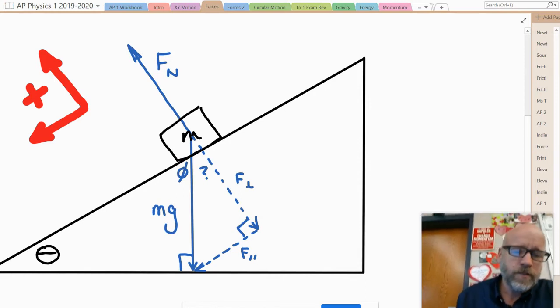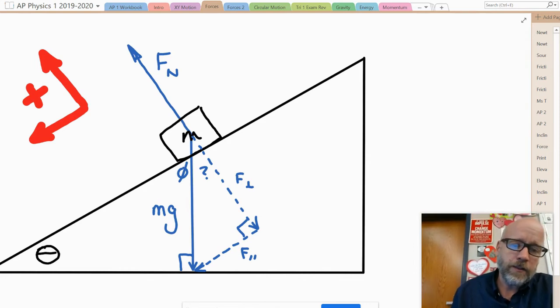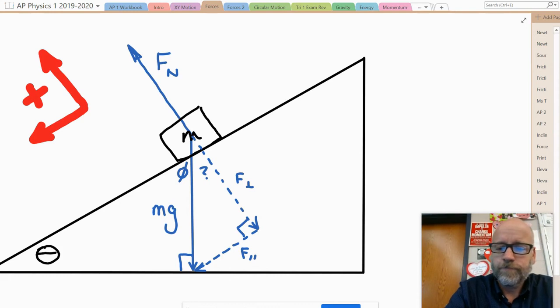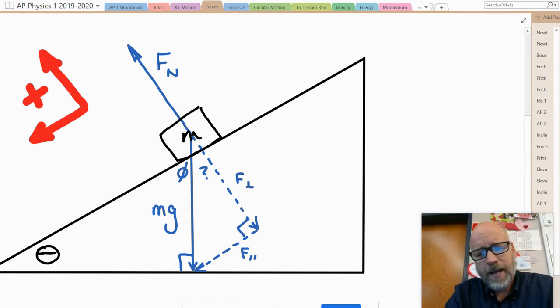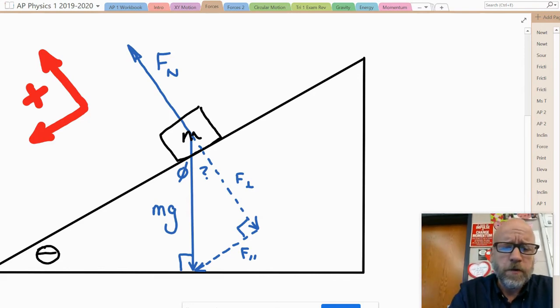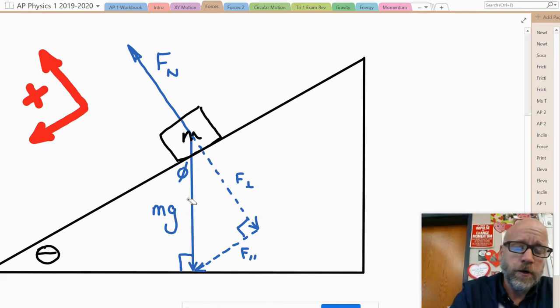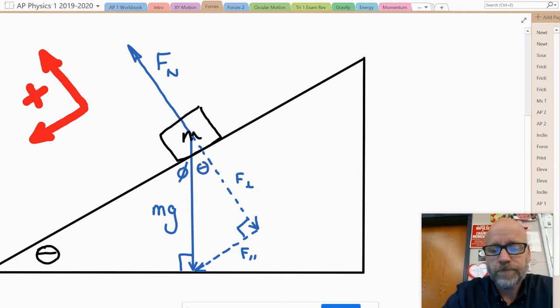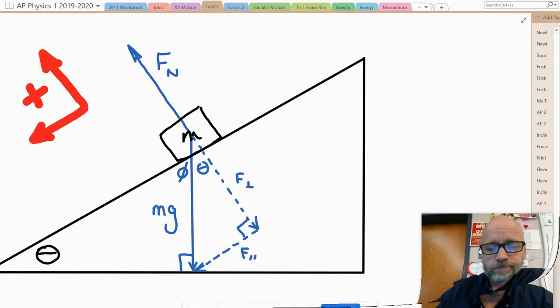Relax. But if that angle is phi, then this angle, where the question mark is, actually is going to be theta, because theta plus phi should be equal to 90 degrees.